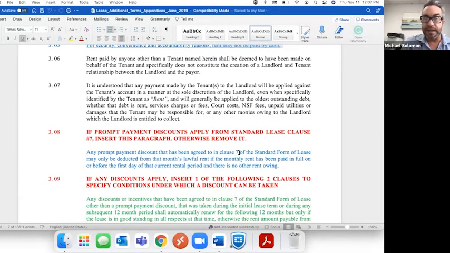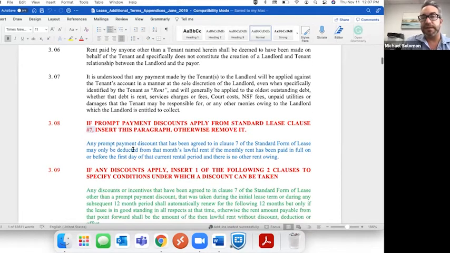if prompt payment discounts apply on the standard form of lease clause, include number 7, which is inserting the paragraph, otherwise removing it. So we typically don't advise our clients to offer rent discounts, only because for accounting purposes, it becomes quite a mess, right? So for example, if you give a 10% discount if you pay early, we always love it when tenants pay early, but the issue is, it becomes an accounting nightmare.